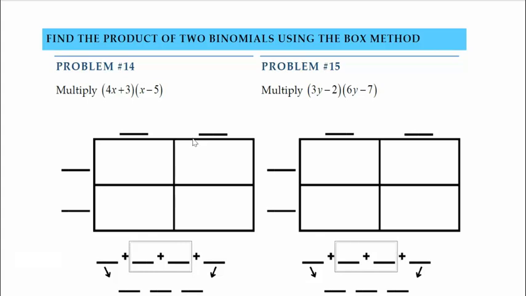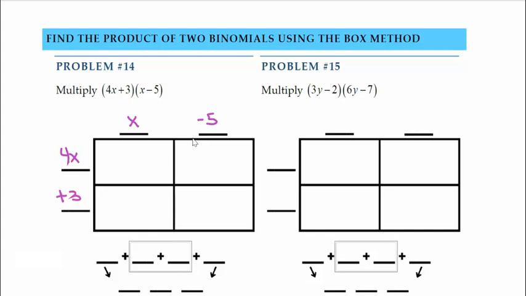So on this, right, notice that we have 4x plus 3 in one parenthesis, x minus 5 in the other parenthesis. So we're just going to be putting down each of the terms. So 4x, and that's a positive 3. Make sure you keep that sign, whatever sign is in front of there, with that number. And then here I've got x minus 5, so make sure I keep that as a negative 5.